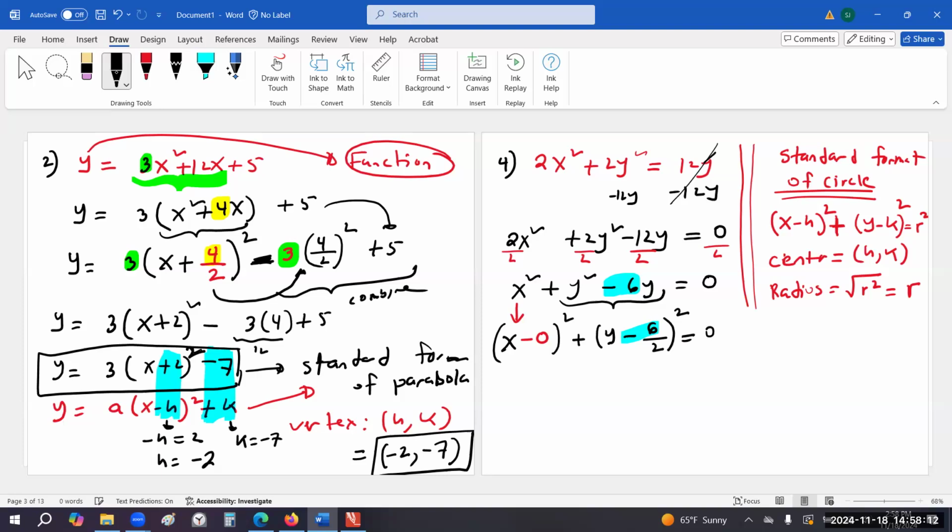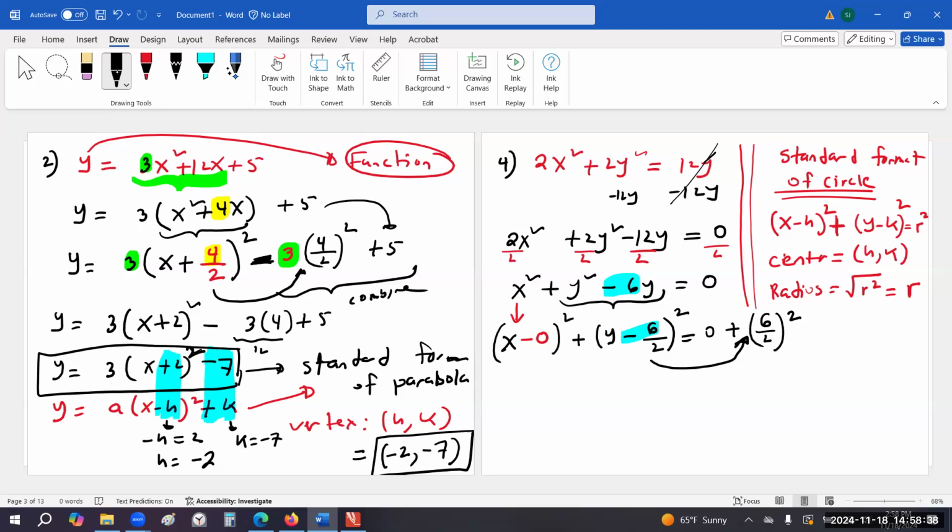Equals 0. Now, since it's an equation, we have to add the same amount on the other side, plus half of 6 squared. Whatever you add inside, you add the same amount on the other side of the equation.